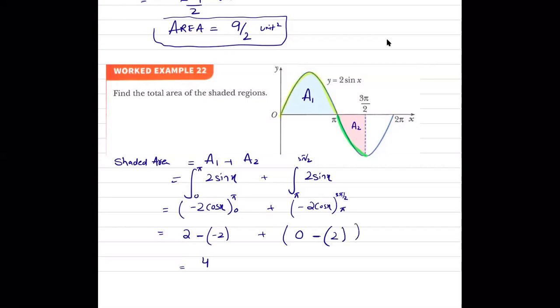So you see the answer from here is coming out to be negative 2, but I'm only going to take it positive 2 because for area, the negative sign just implies that the area is below the x-axis. If I want to find the total area, it is going to be the sum of both the areas. So 4 plus 2, that is 6 units square.